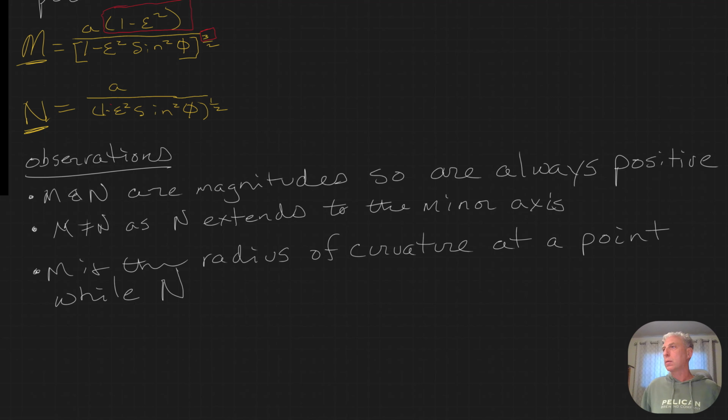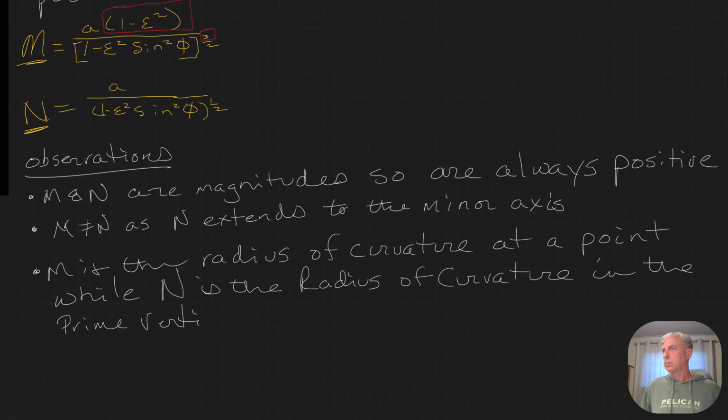While n is the radius of curvature in the prime vertical and extends to the minor axis.